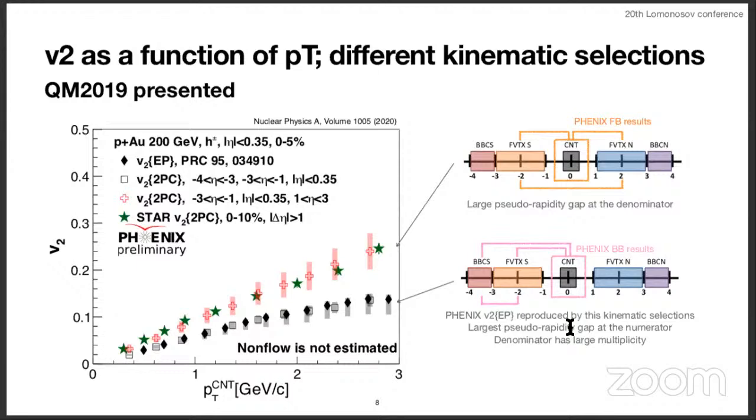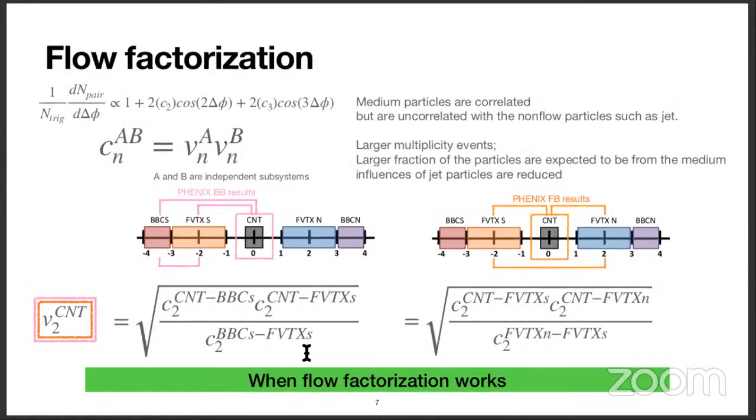On the other hand, the small pseudorapidity gap in the denominator of the PHENIX BB calculations gives you a small size of the v2, because they are located in the denominator, as you can see in the previous pages.